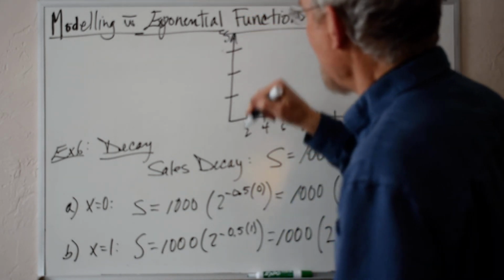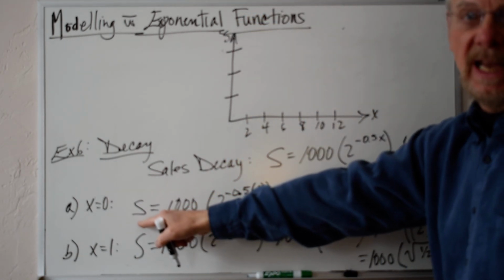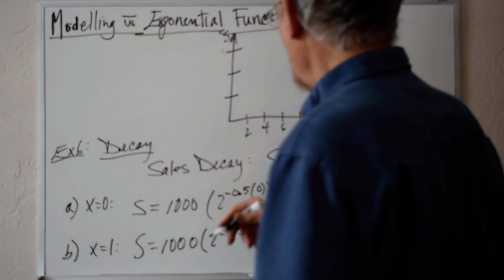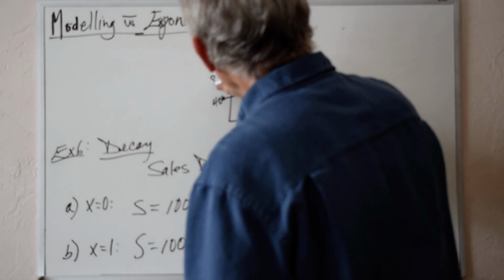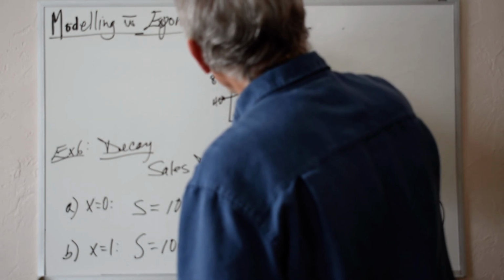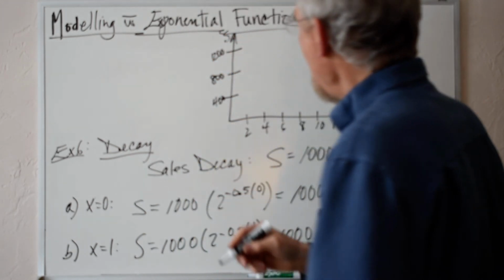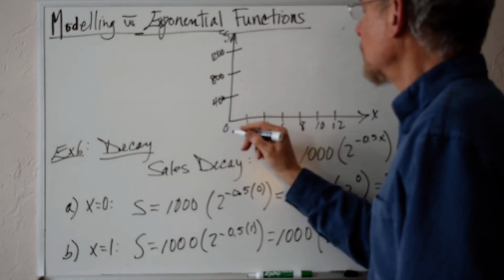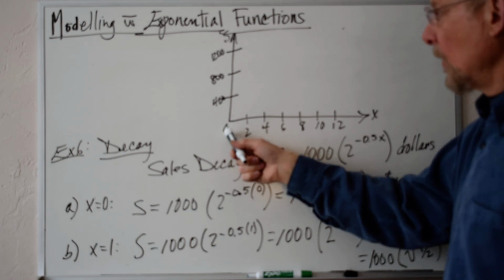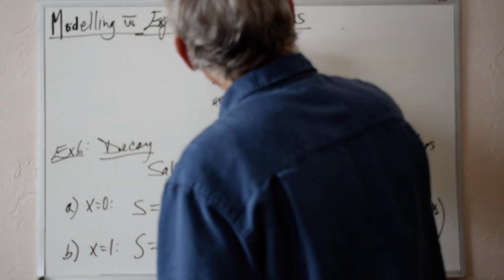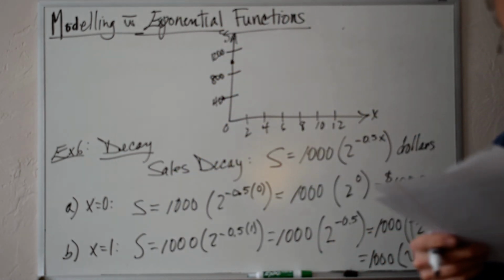This is actually my s-axis. We've used s as the variable name. So we say $400 in sales, $800 in sales, $1,200 in sales. At the end of the advertising campaign, x is 0 there, and sales were 1,000. So our curve's going to begin there.